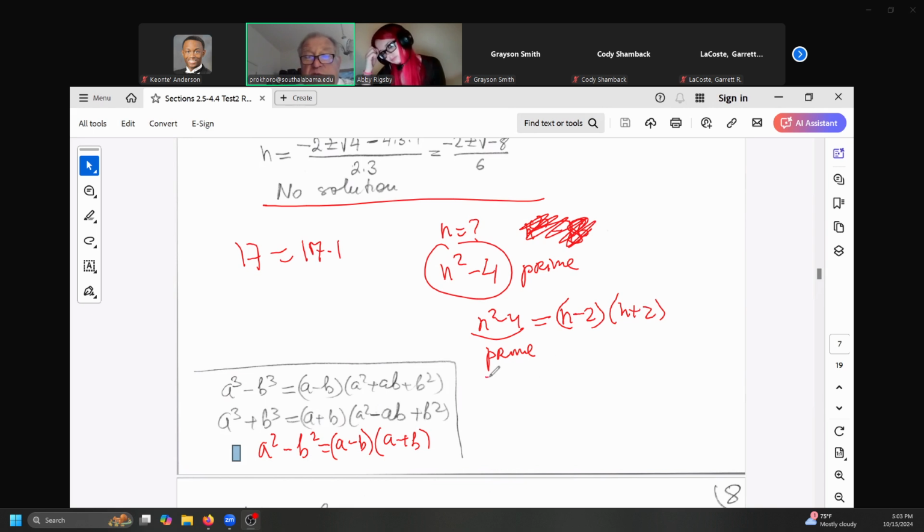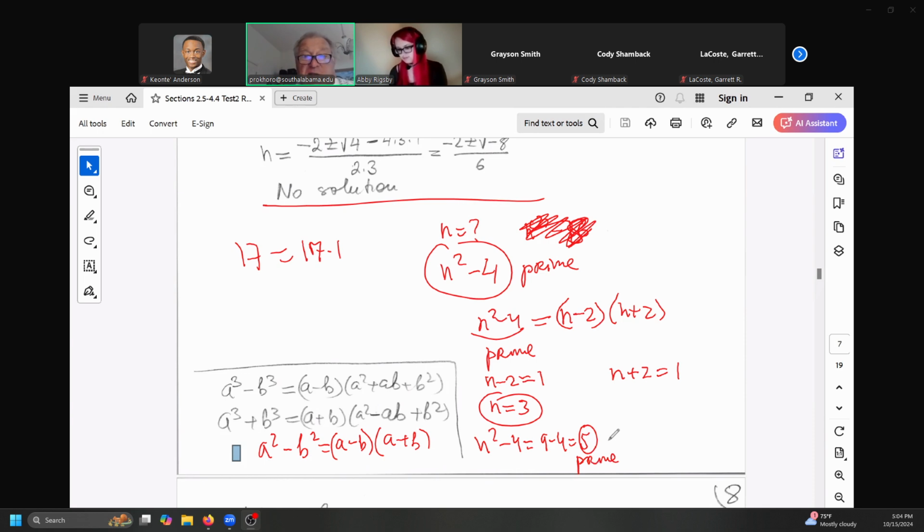So we have two cases: n minus 2 equals 1, or n plus 2 equals 1. One of the factors is 1, and we need to solve this equation. So what we'll get? n equals 3, and then n squared minus 4 equals 9 minus 4 equals 5, which is prime.